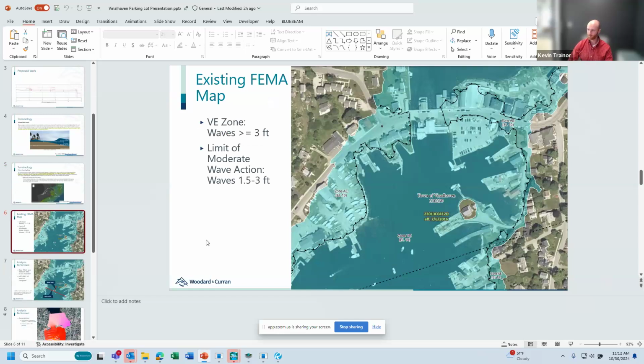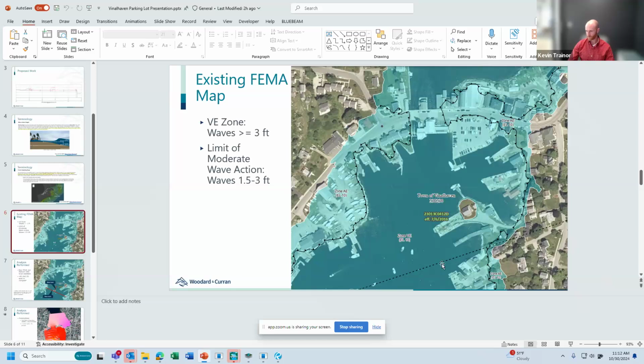The existing FEMA map is familiar to everybody here, I'm sure. The way that it's mapped, the number is cut off, but there's a transect location here. I didn't create this map, but generally speaking, what they do is take the information from the closest transect and then apply that to the areas on either side of it.